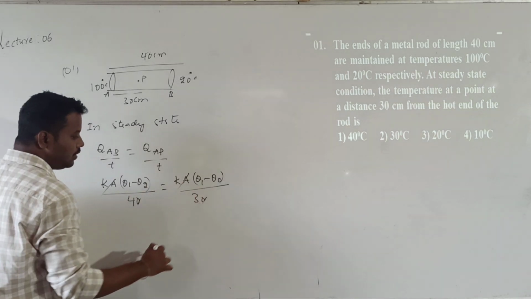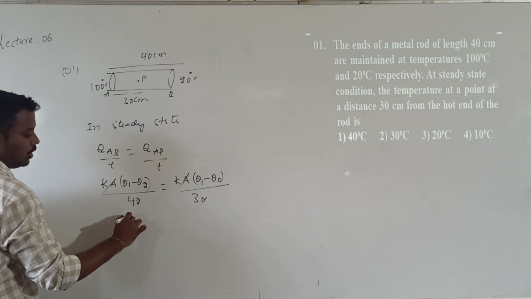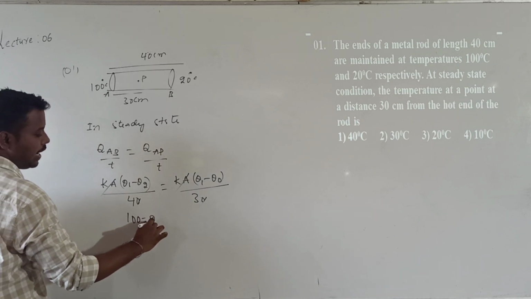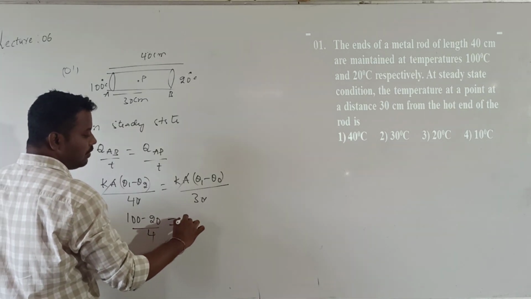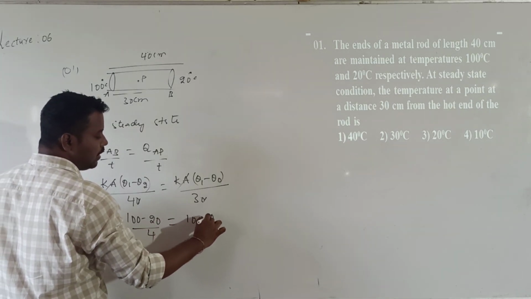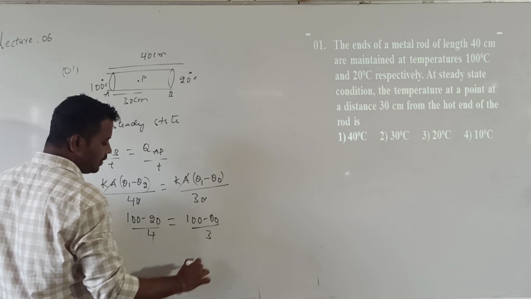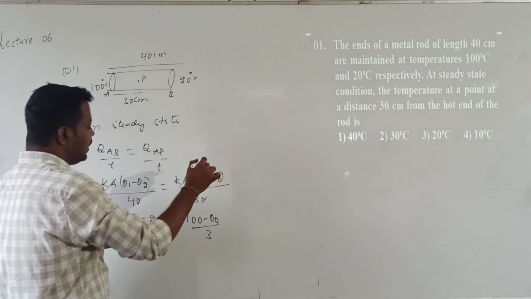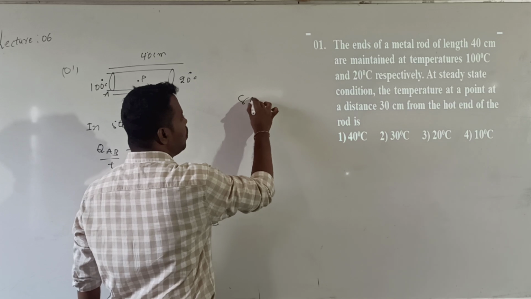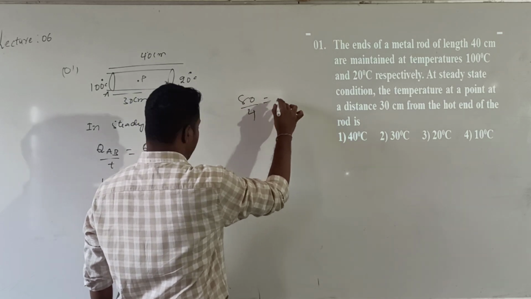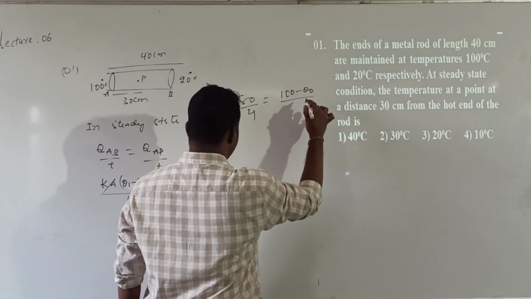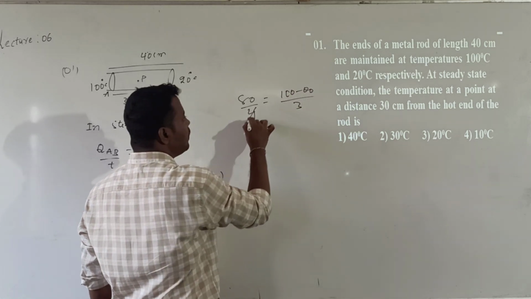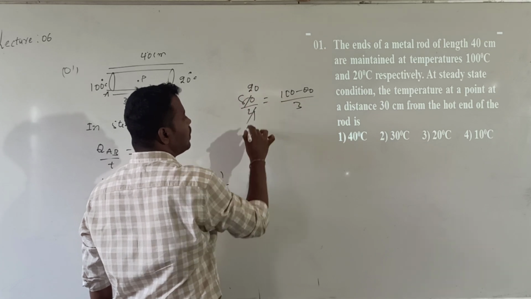What is theta 1 minus theta 2? 100 minus 20 divided by 4 is equal to 100 minus theta, which we don't know, divided by 3. So 80 divided by 4 is equal to (100 minus theta) divided by 3. 4 twenties are 80, so 20.